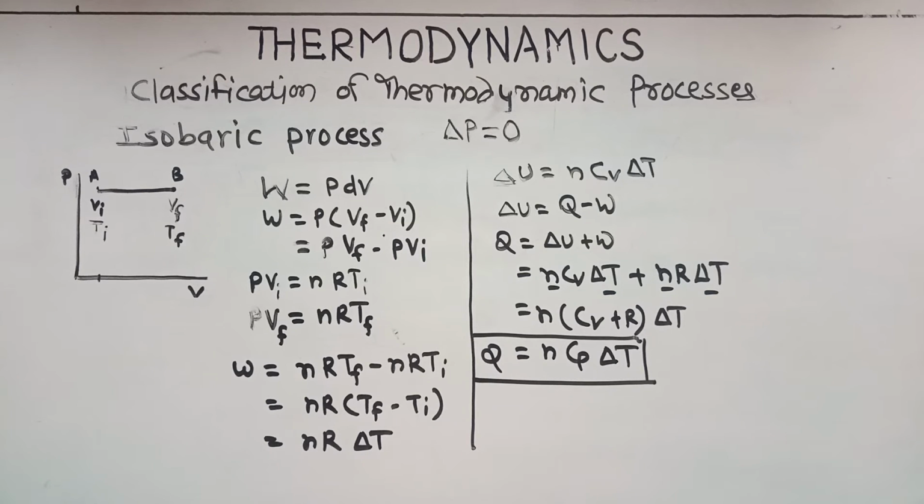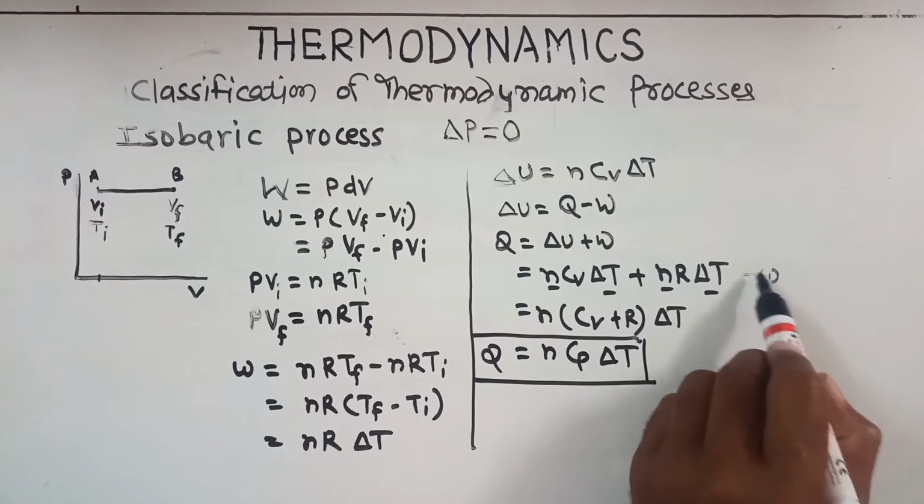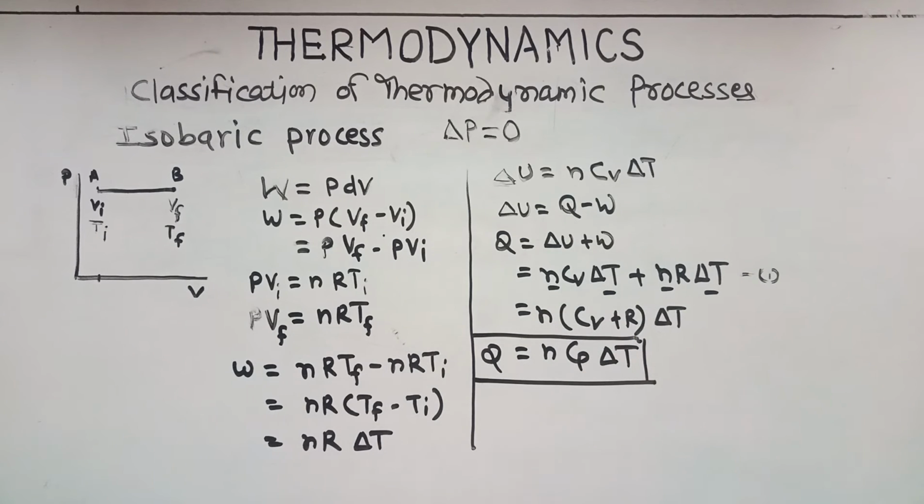From this equation, we may say that the heat supplied is utilized in two parts. The first one is to increase the internal energy of the system, and the second one is to do work on the piston. In the process, the piston is moved in the upward direction.